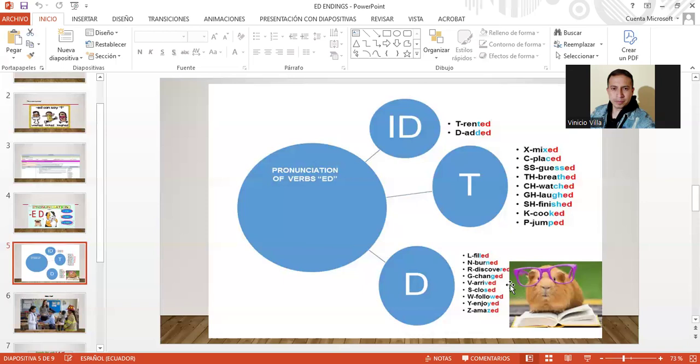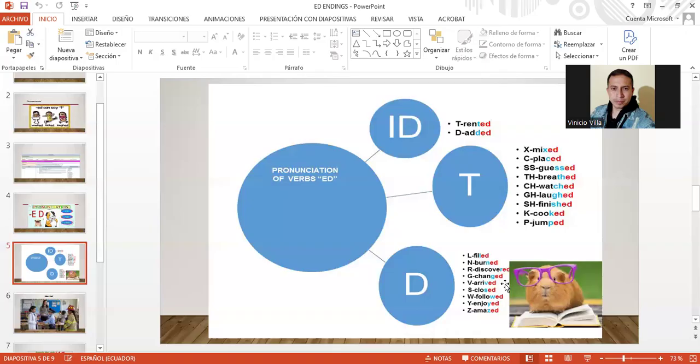The next one, N. The next one, R. Next one, G. Z. Next one, V. And we are very clear about the two pronunciations in Spanish of the V. There are two V sounds.